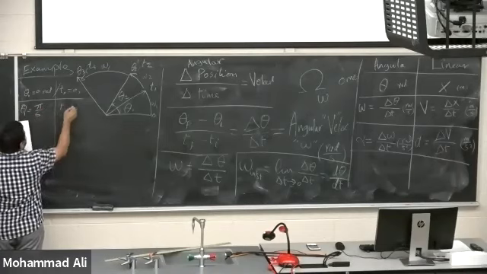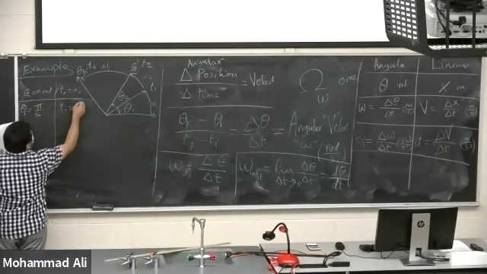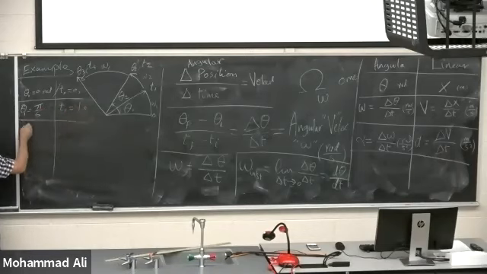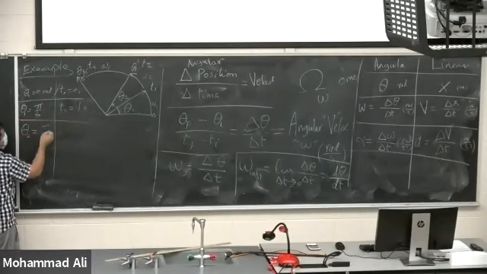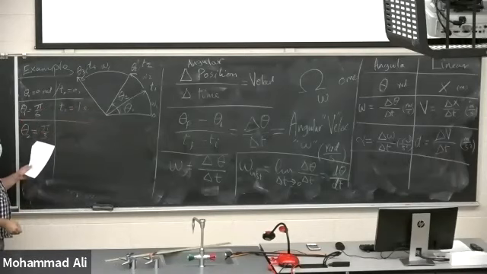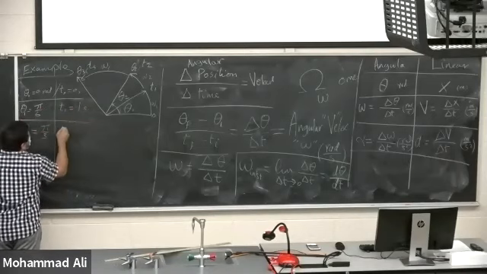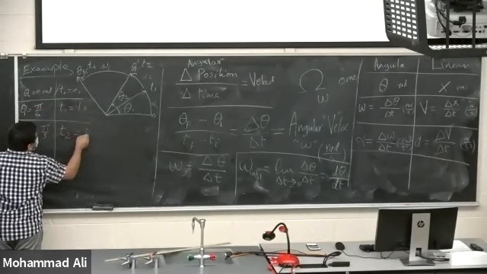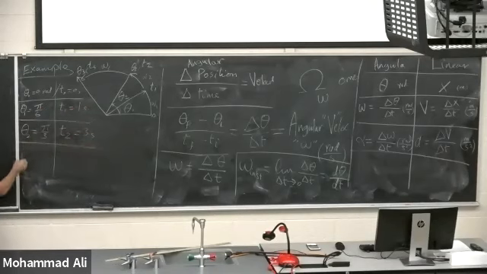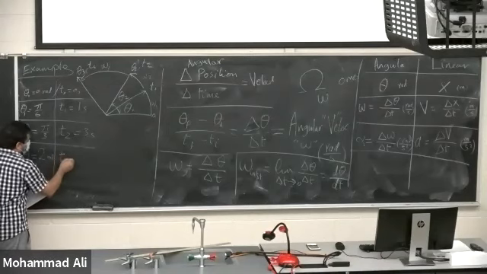And T1 is equal to 1 second, I think. Theta 2 is equal to pi over 3. And the time there is 3 seconds. Theta 3 is equal to 2 radians. And the time is 8.